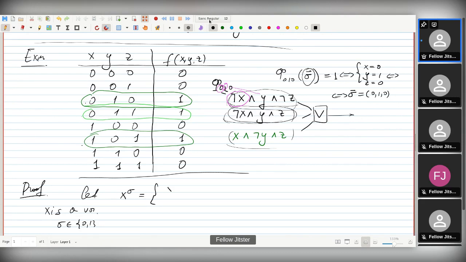X to the power sigma will be x if sigma is 1, and it will be not x if sigma is 0. So here, for example, I will have x to the power 0 and y to the power 1 and z to the power 0. That is exactly all these variables to the powers of their respective coordinates.